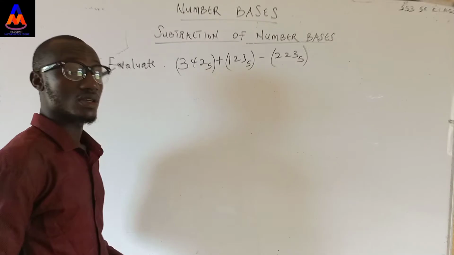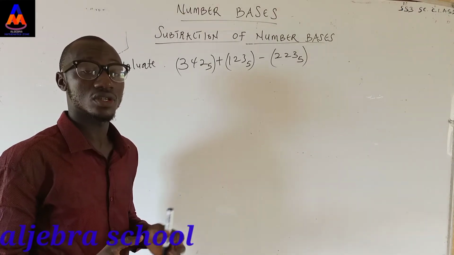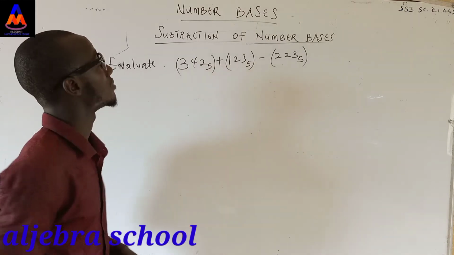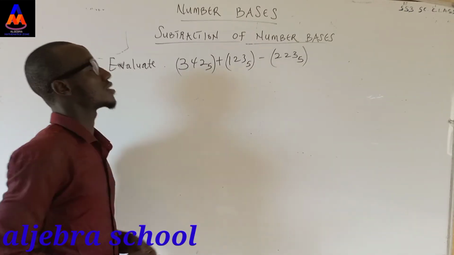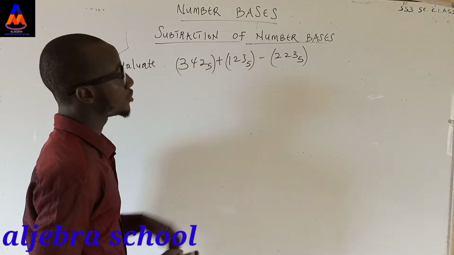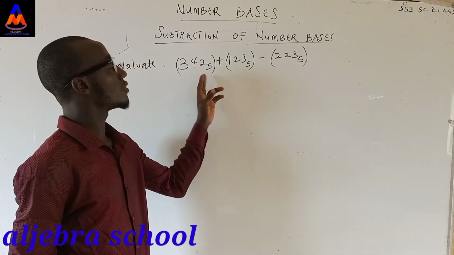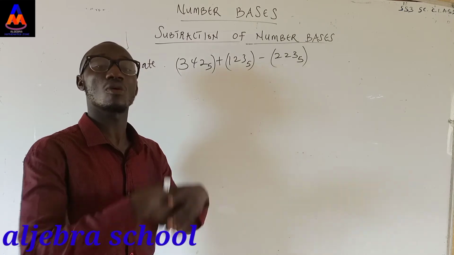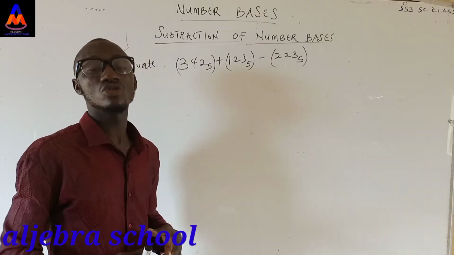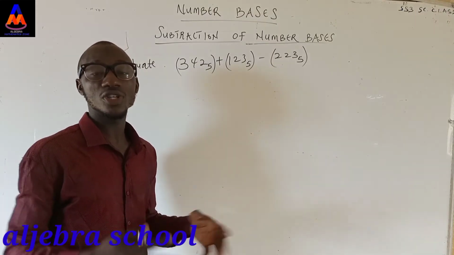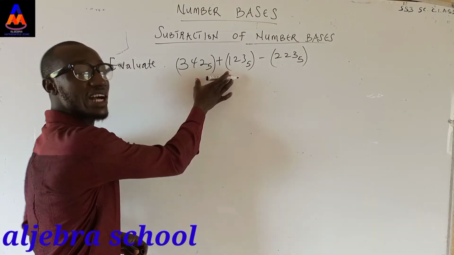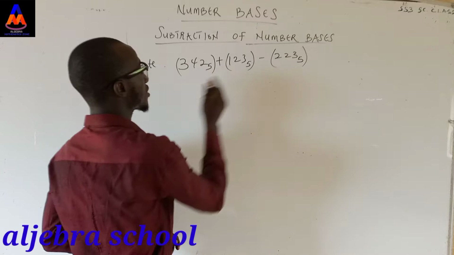Don't forget, when you are dealing with any computation in number base, they must be in the same base before you can compute on them. This is a combination of addition and subtraction. So just to conclude, by giving an example of the two operations we have dealt with so far, let's deal with the addition first, then we subtract from it.